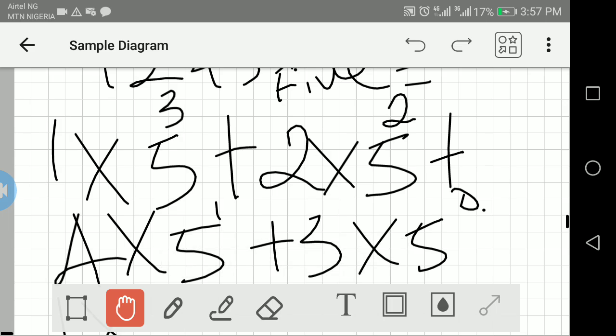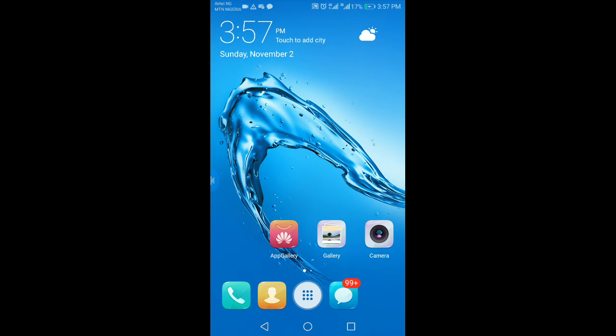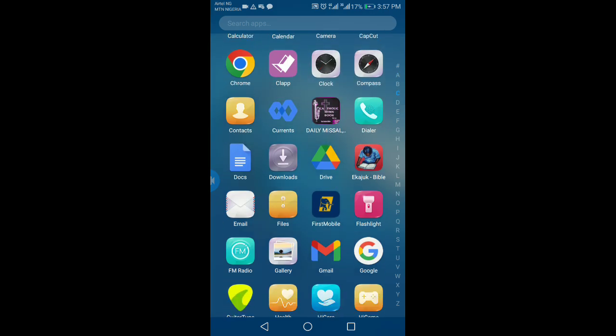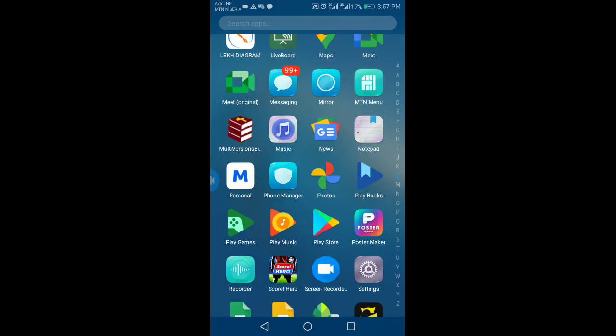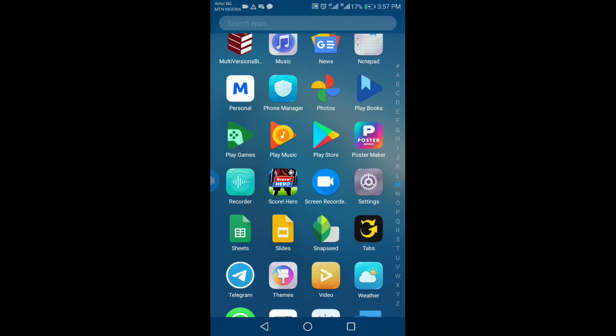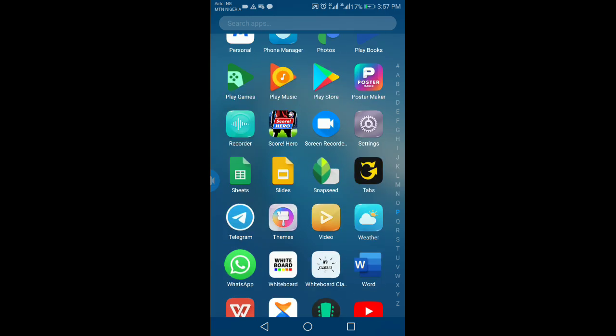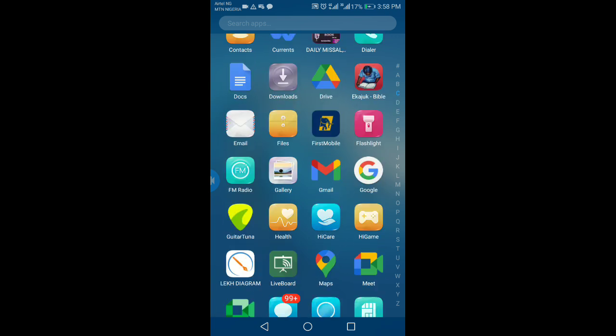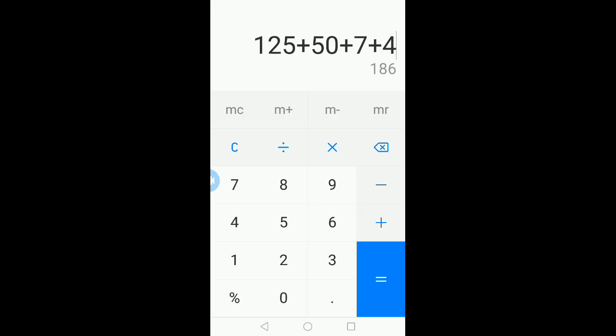Let's go to our calculator. 5 to the power of 3, simply 5 times 5 times 5, that is 125. So you come back to your board.